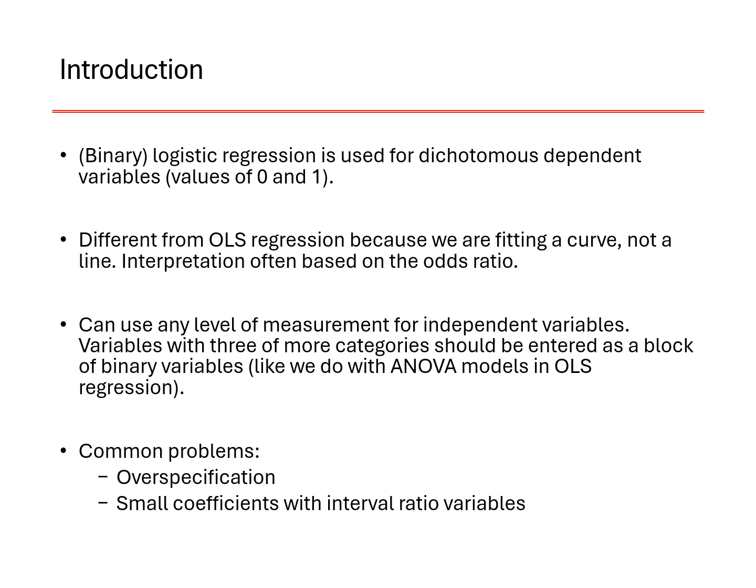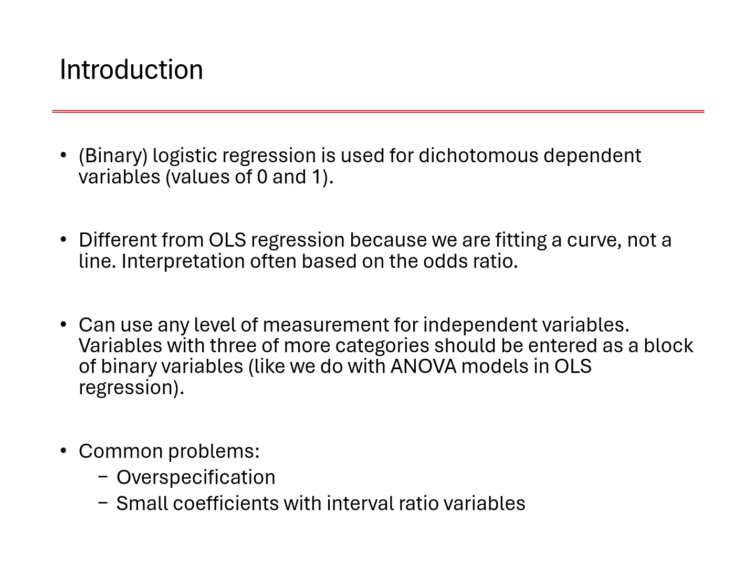So there's always implicitly, if not stated directly, a reference category with that block, or even if we're using a single binary variable, not having that result becomes the reference category. But we can use interval ratio data.